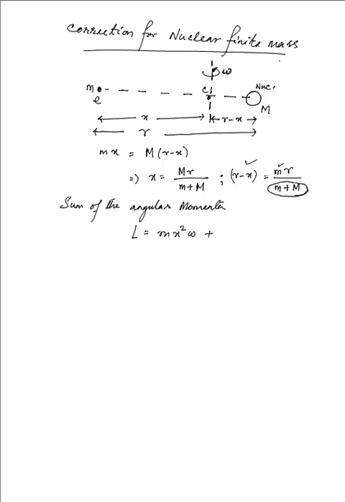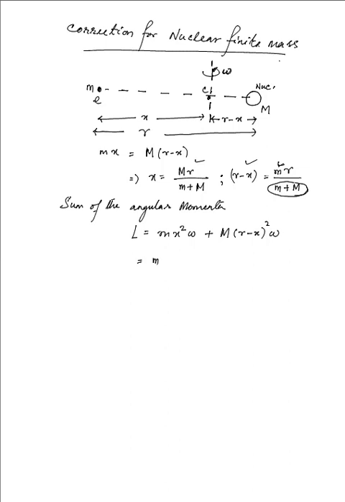And then we have the mass of the nucleus multiplied with the square of the distance, r minus x squared, times omega.